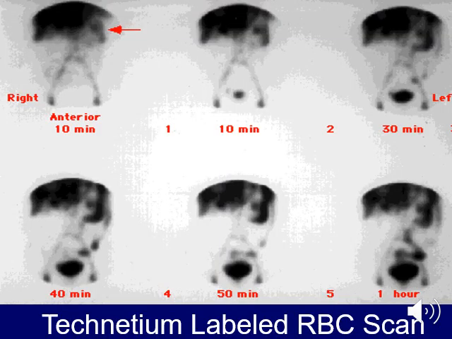The RBC scan is not used much anymore. It has become less fashionable because the technetium-labeled RBC scan will go to the area of bleeding. This is the area here around the splenic flexure, and with time it will accumulate and then move to here, to what seems like the rectum.